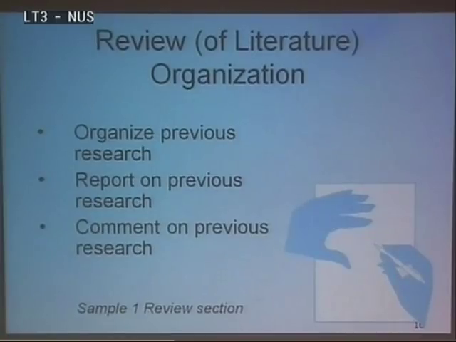Group 1, he has batch patterning techniques. Group 2, he has probe-directed techniques, and he's reviewing studies pertaining to these 2 techniques. So he begins by identifying 2 groups of studies that he wants to review. That's one way of organizing.